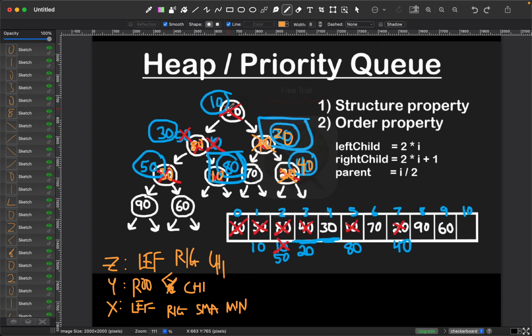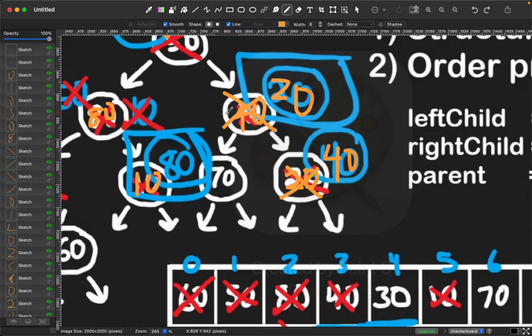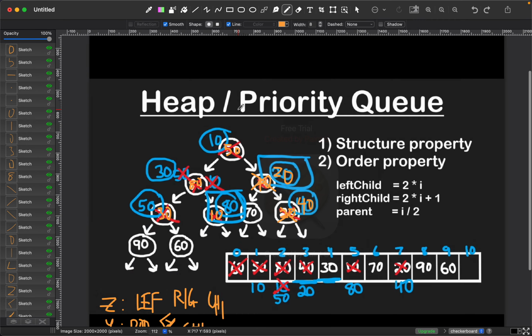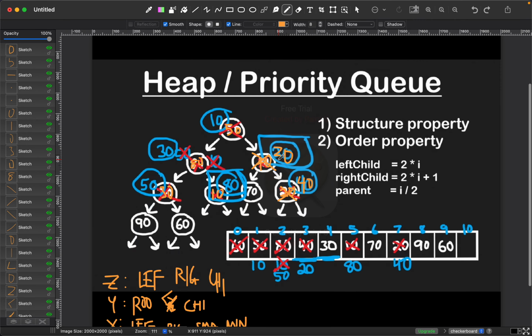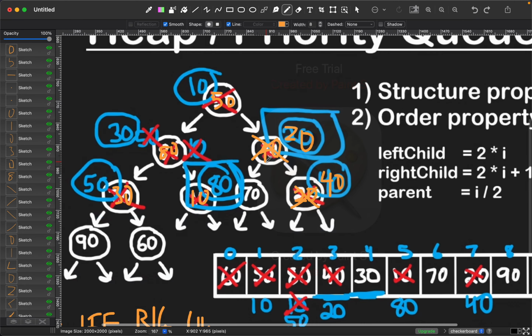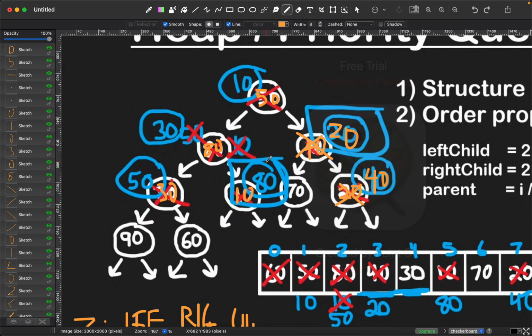Originally this guy is maybe a 50. So do I have left and right children? So I should really say which guy is actually smaller. I asked the question over here first.